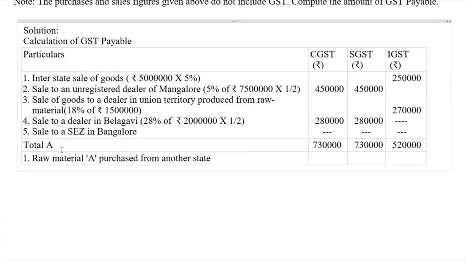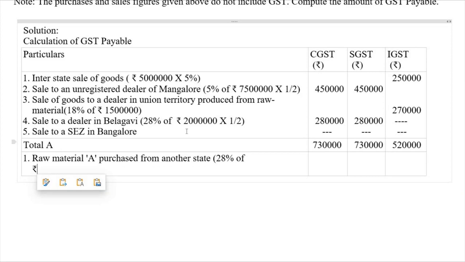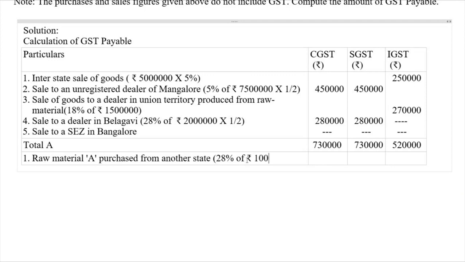So 28% of rupees 10 lakhs. So the IGST payable will be rupees 2 lakh 80,000 here.